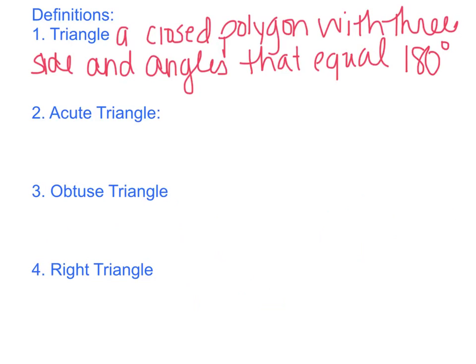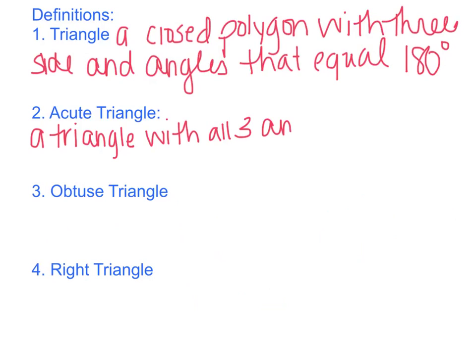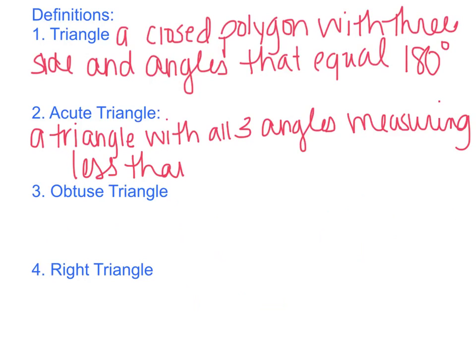An acute triangle is a triangle with all 3 angles measuring less than 90 degrees.